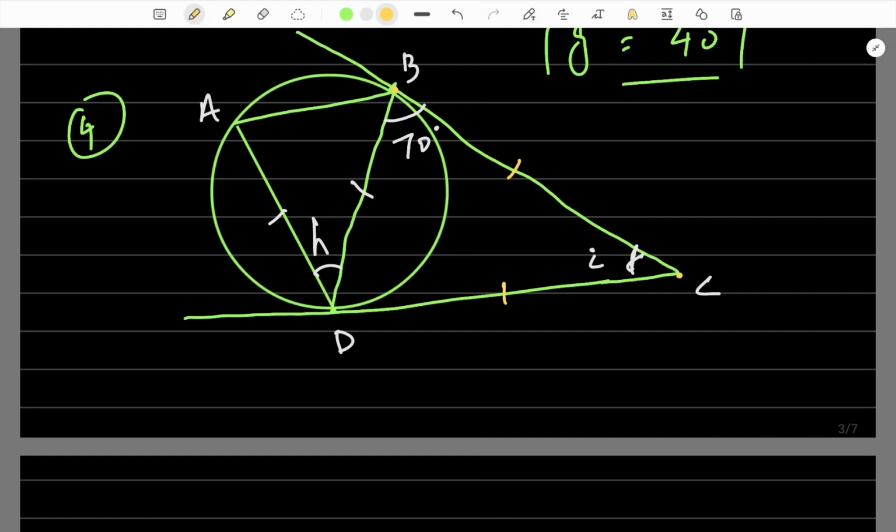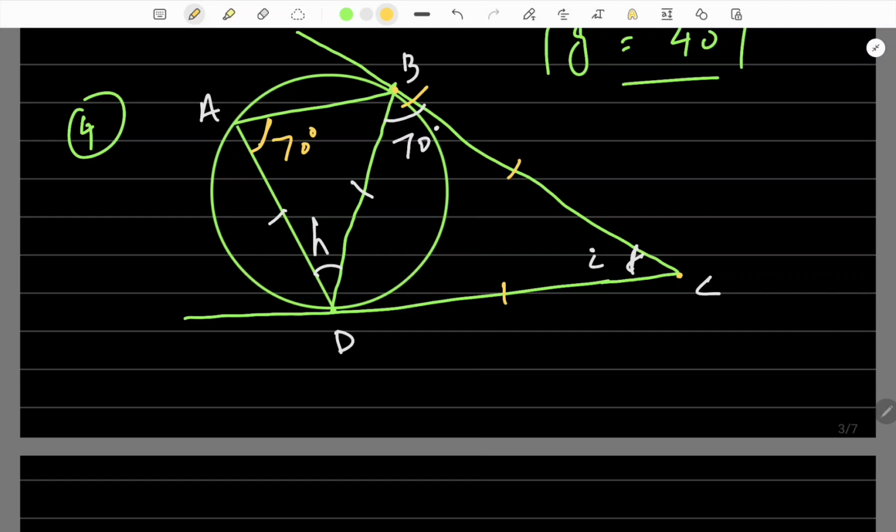Clarity beta? Chalo. So DB is a chord, and at the point of contact with the tangent, it's making an angle of 70 degrees, right beta? Chalo. So property number 3, this angle which the chord makes with the tangent, right beta? The same chord extends an angle on the opposite segment, in the alternate segment, and this angle will also be 70.